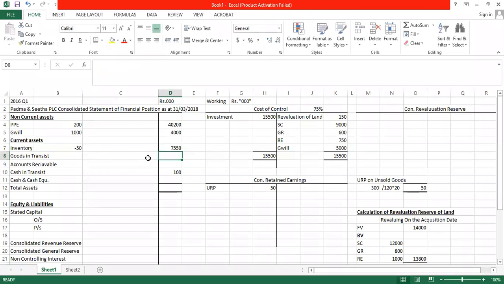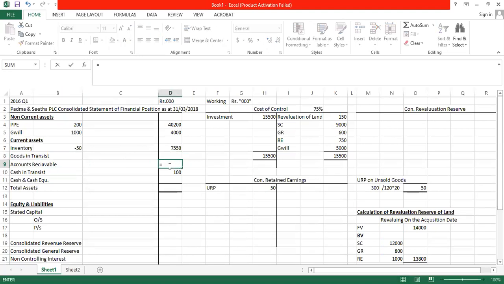So our inventory value should be 7,550. Then next one, trade receivable. Trade receivables means account receivable.